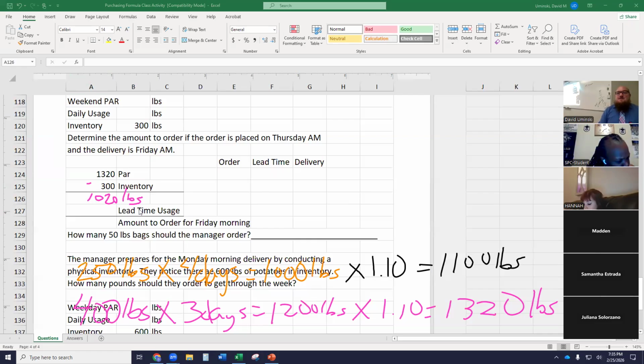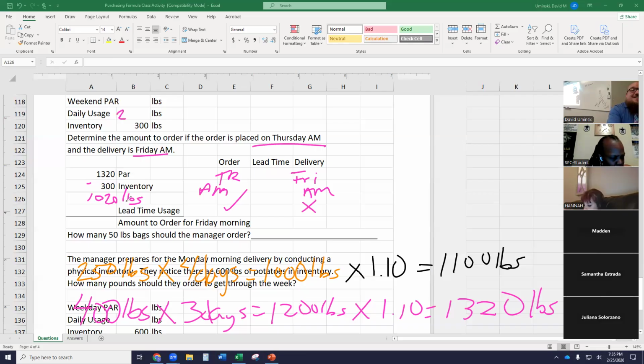My lead time usage. So if my order is placed on Thursday AM and my delivery is Friday AM, am I going to have usage on Thursday? Yes. What about Friday? No. Okay. What is my daily usage on Thursdays?